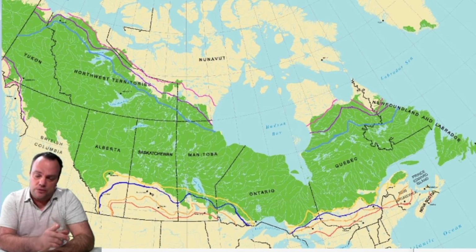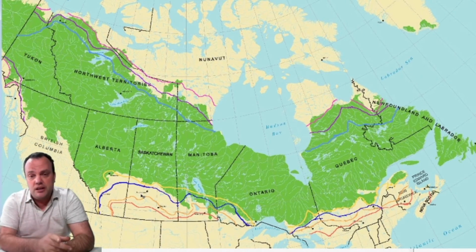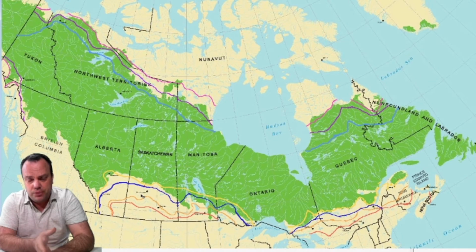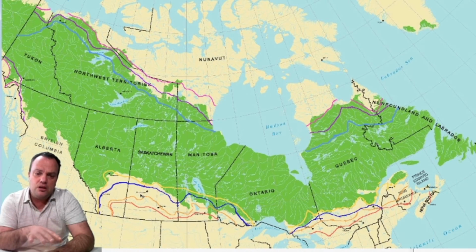Now, when you get over on the prairies, on the other hand, the main reason the tree line ends going south is because that is an area of low precipitation. This is the same as your plains in the States. And as you get further south and you get more warm temperature, the evaporation overcomes the precipitation, and the soil is just too dry for trees to grow down in that area.